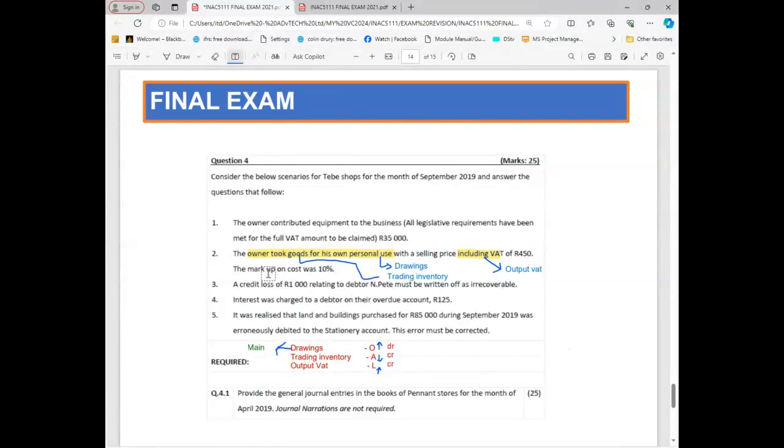So how can I calculate that amount for drawings? I'm going to say 100 divided by 110 times 450. This is how we are going to calculate our cost price.